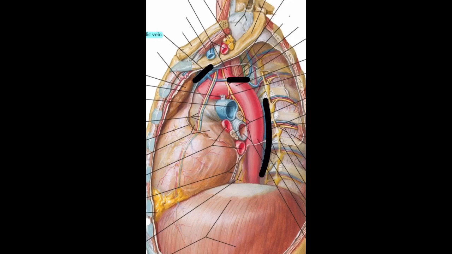The accessory hemiazygous. What is this? Yes, the left pulmonary artery, the left main bronchus, the left pulmonary veins, and the important part to remember here, that the artery is present above the bronchus.